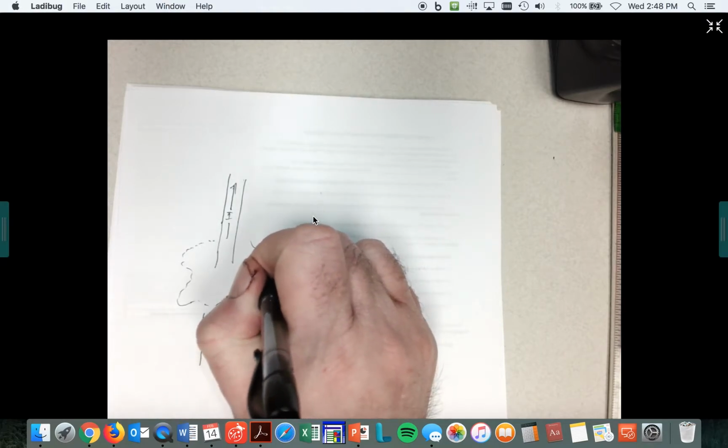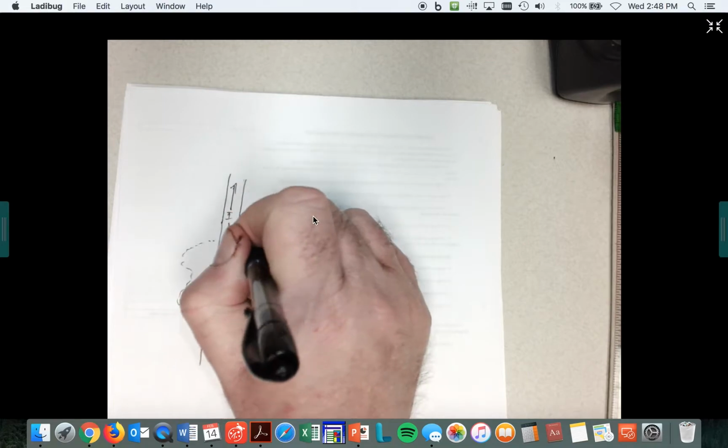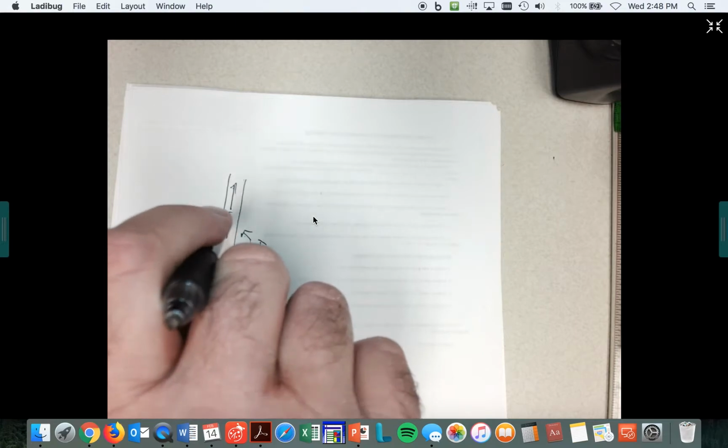That's going to create a magnetic field that's parallel to a magnetic field that's out there. In other words, Maxwell's equations tell me that a current creates a magnetic field around it.